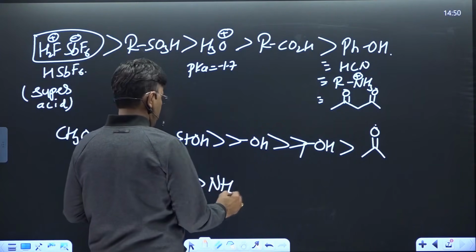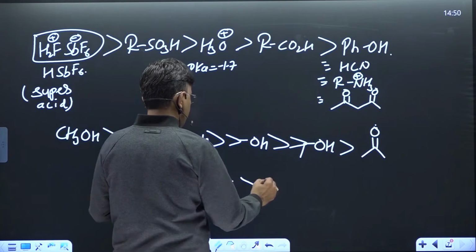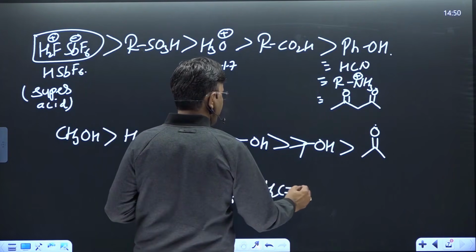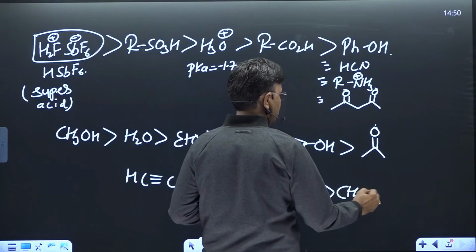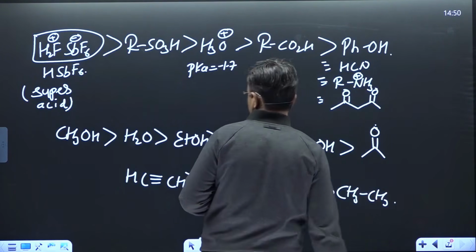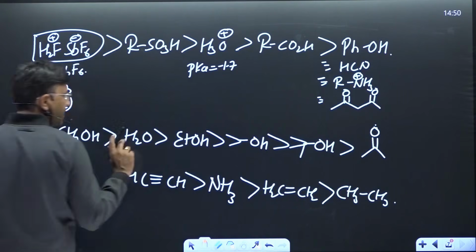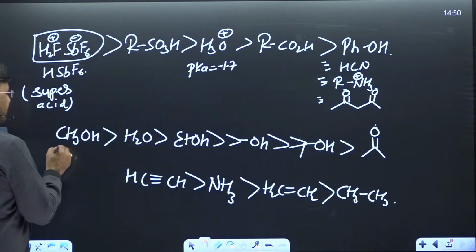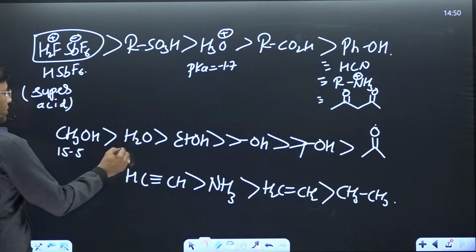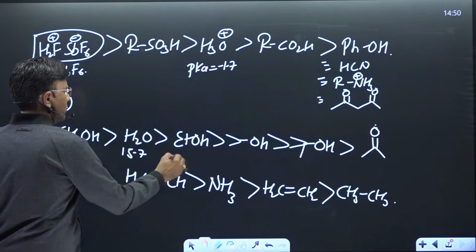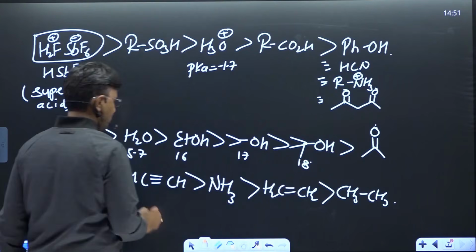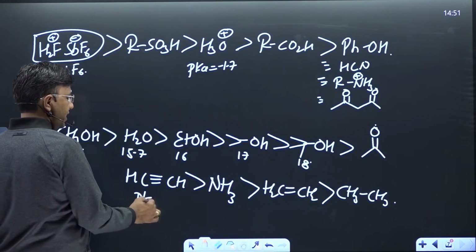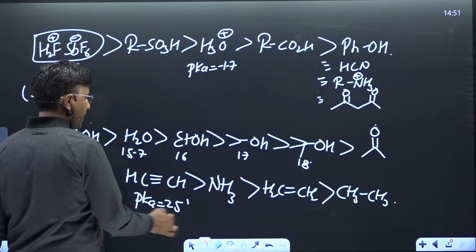Greater than ammonia. Greater than alkene. What was the pKa of ammonia? 36. Water is more acidic than all alcohols except methanol. What is the pKa of alkyne? 25. You should remember this.